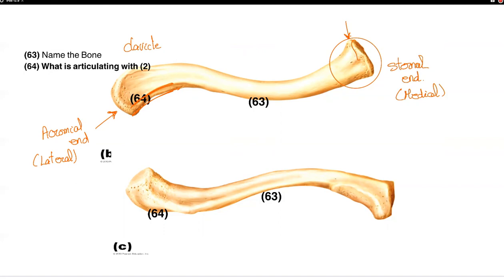Again, what's number 64 articulating with? It's articulating with the acromion of the scapula.